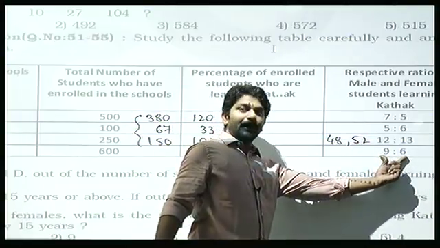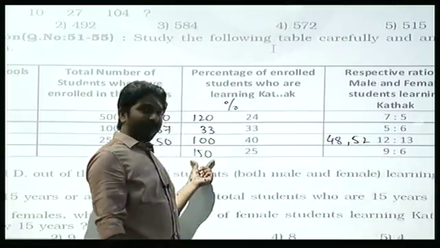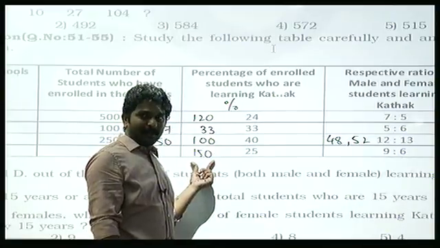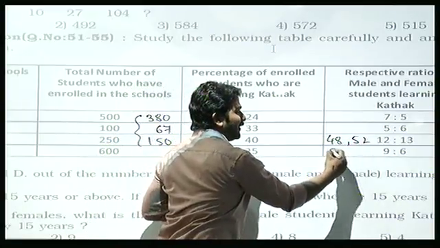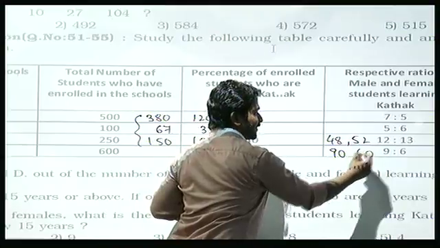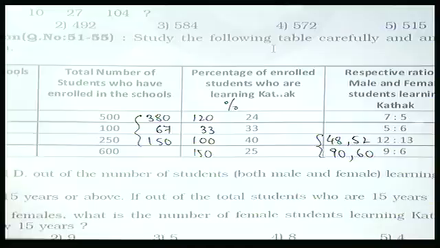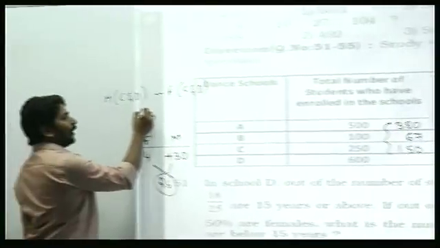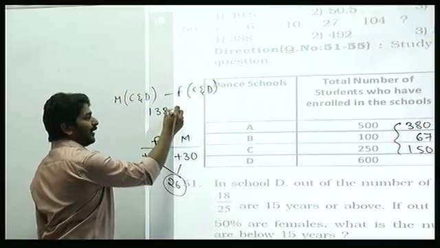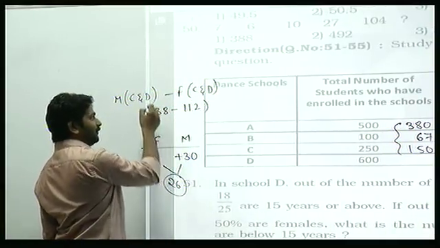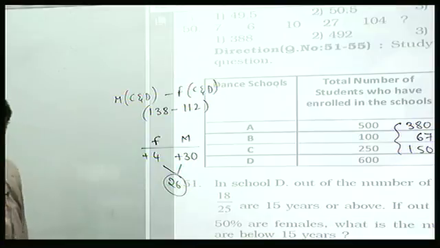And here it is 15 parts total. 150 is divided into 15 parts, each part is 10. So male are 90, female are 60. So you need to take total male, and total female, and take difference between 138 and 112. It's again 26. But you need to convert every number there.